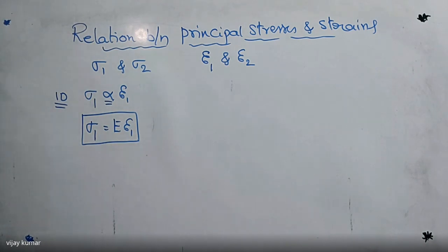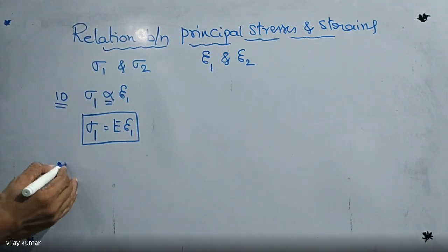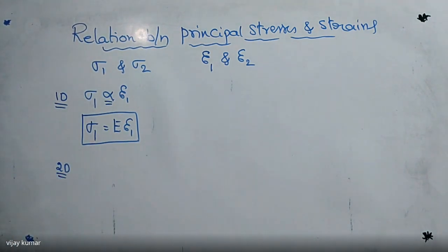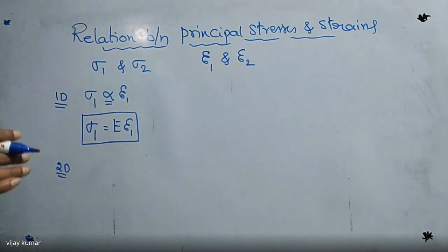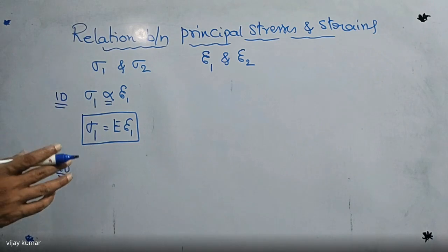So now the biaxial state of stress. Here I'm writing the two-dimensional state of stress. I have already told you, if you want to write the relation between stress and strain, Poisson's ratio is required. So listen carefully here.